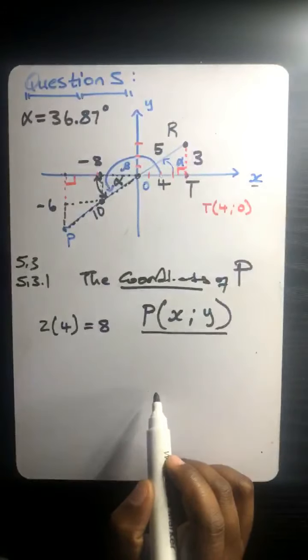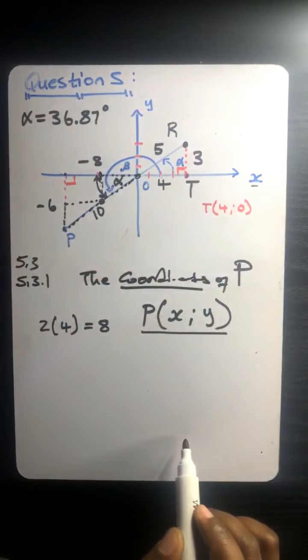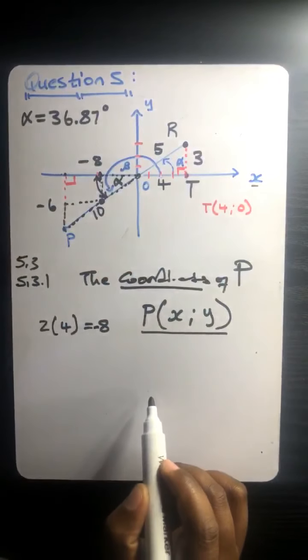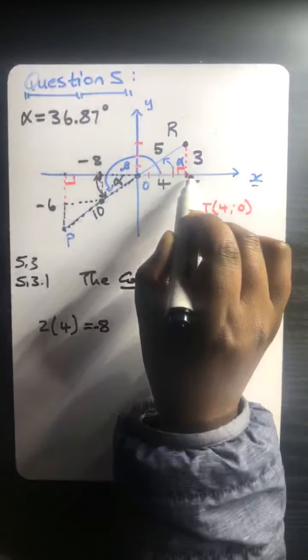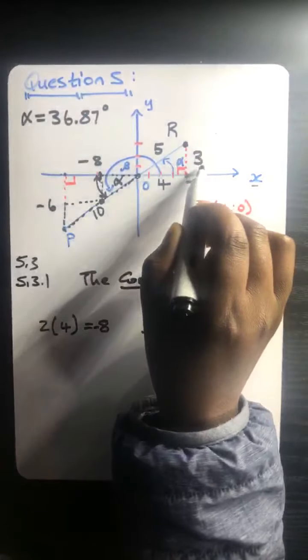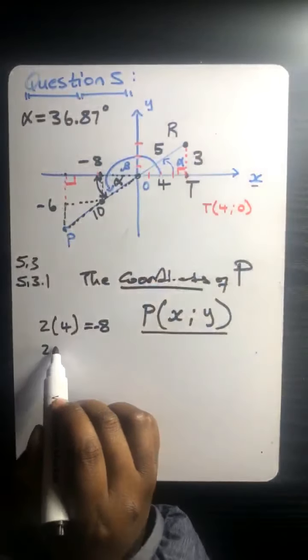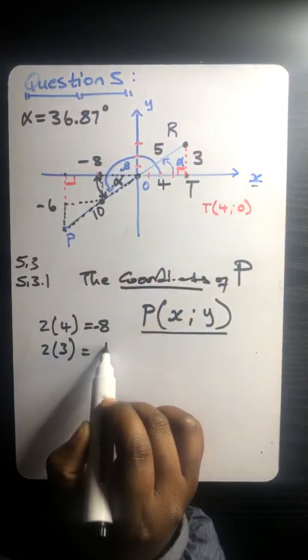But knowing that on this side we are having negative values, that means it is going to be negative 8. And then from there to there is what? It's 6. That means on this side, it's 3. 2 times 3 equals 6.